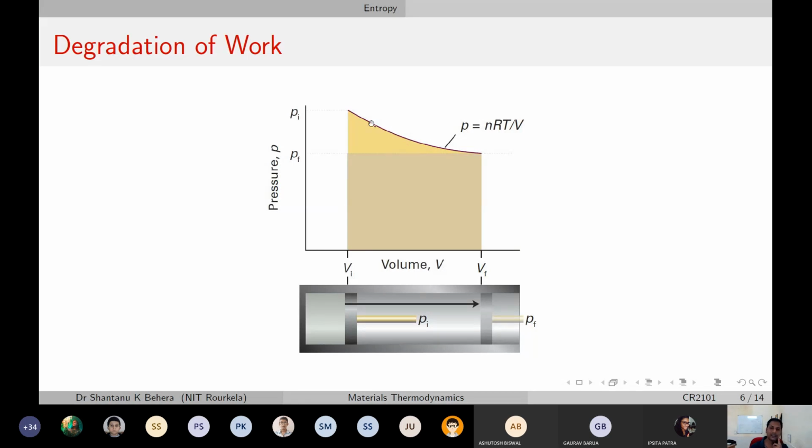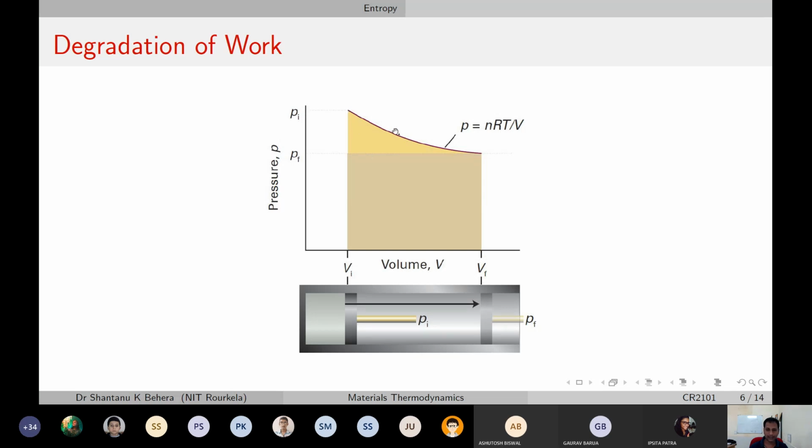But there are ways where you can do this work almost instantly, or rather in a fast manner. The quickest way would be to simply come from Pi to Pf and let the expansion happen from here to here. So these are the two steps that are given.